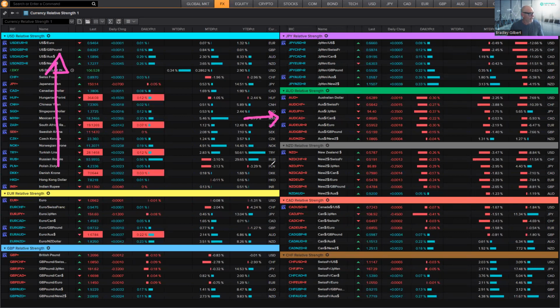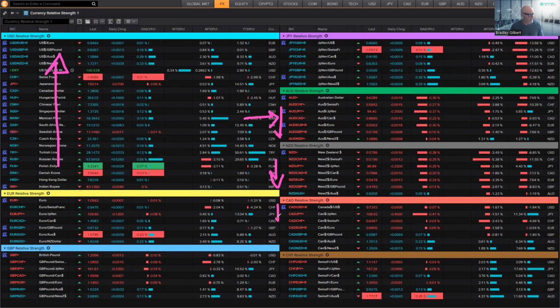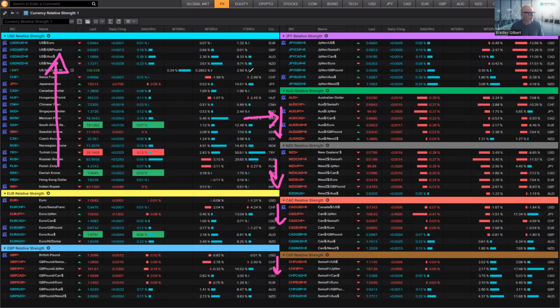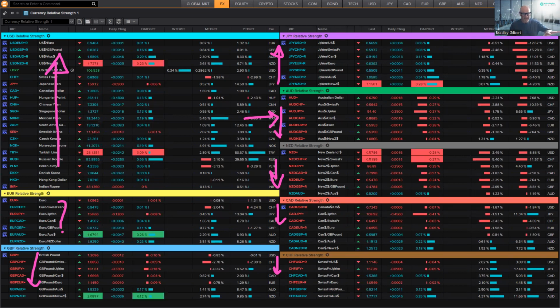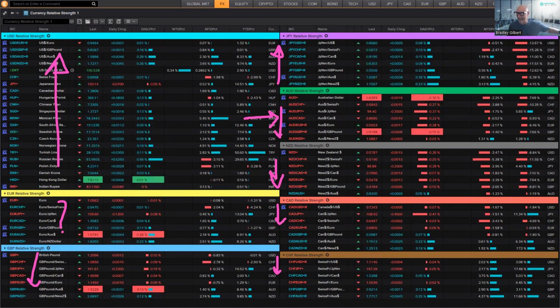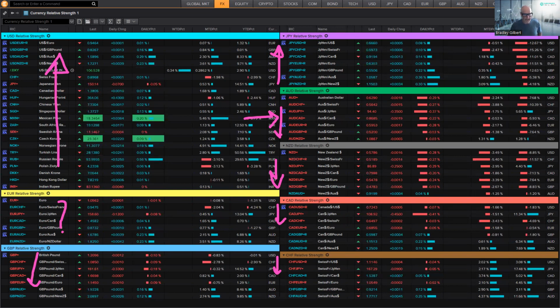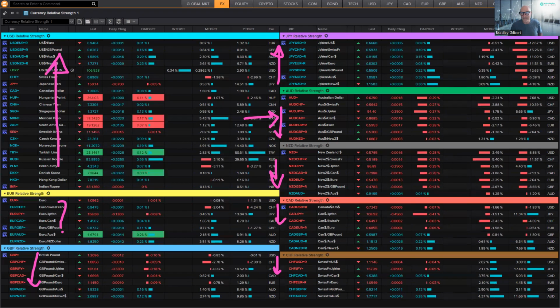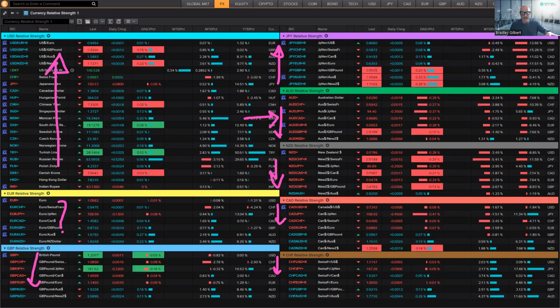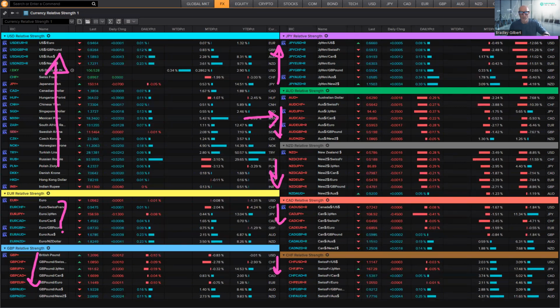Aussie down, Kiwi down, half of the CAD pairs are down, Swiss pairs, and the yen pair is going up as well. Sterling down, a bit of a mixed reaction on euro. That's what you can do with a glance at that chart: have a look around at exactly what's happening. That gives you a bit of perspective as you come into looking at the rest of the instruments.